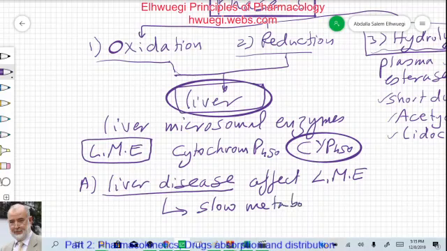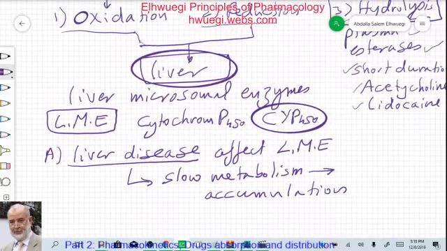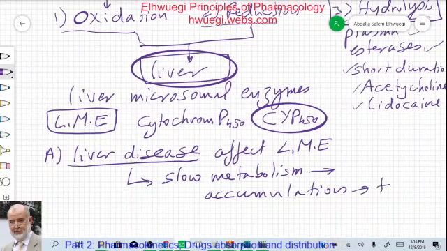Metabolism by oxidation or reduction in the liver by the liver microsomal enzymes will be slow. Therefore, metabolism of the drugs will be reduced, i.e., accumulation of the drug will take place in the body. If accumulation takes place, this will lead to toxicity.